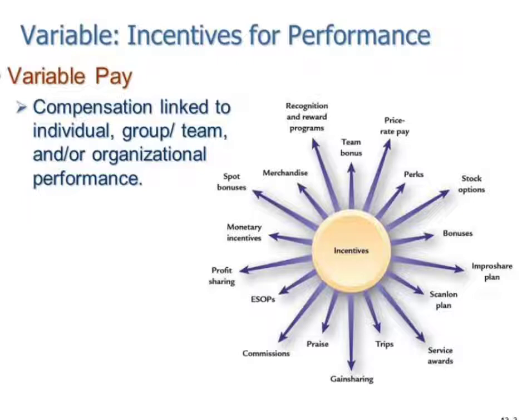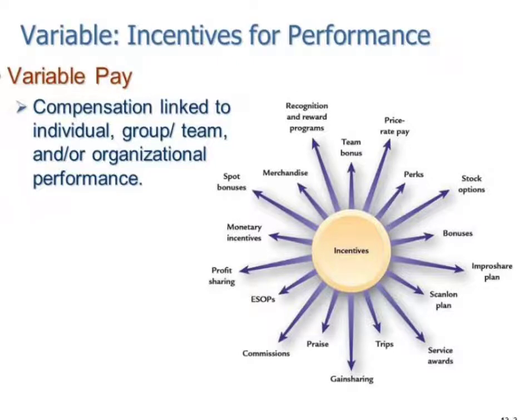Variable pay. What is variable pay? When we say variable pay, it is a compensation linked to individual, group or team and/or organizational performance. And what are some examples of incentives that can be given to those individuals, groups or teams and organizations?